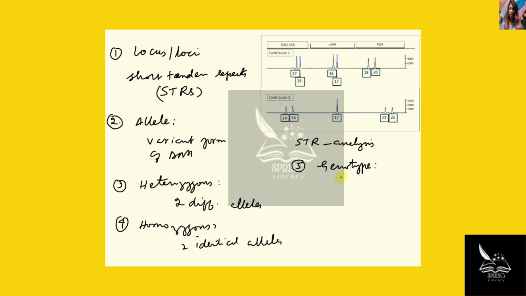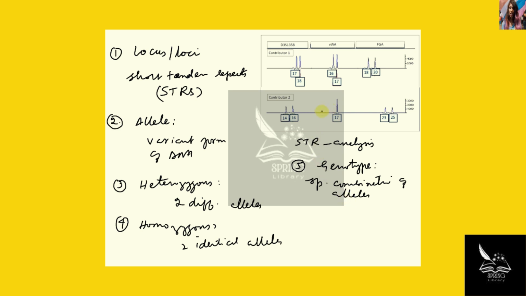Coming to another term, genotype. Genotype refers to the specific combination of alleles that an individual has at a particular locus or set of loci.